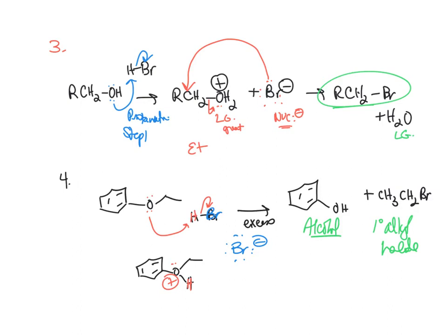Now we're looking at here, the bromide chooses to go after the sp3 carbon because this is an SN2. It cannot go after this sp2 carbon on the aromatic, so it has to do SN2 on the sp3 carbon, and that's how we get this primary alkyl halide, and this is our leaving group here, the phenol.